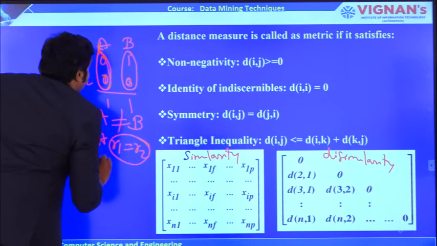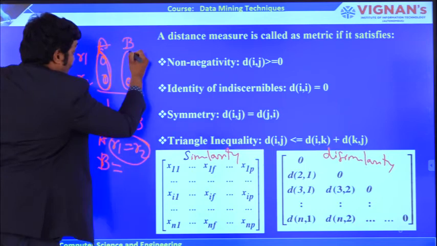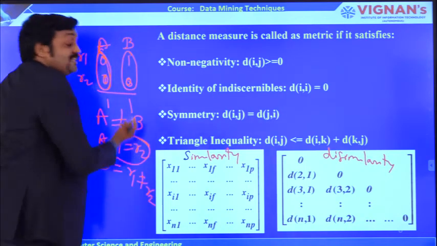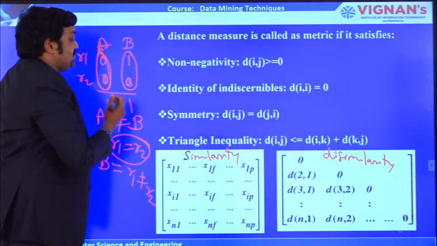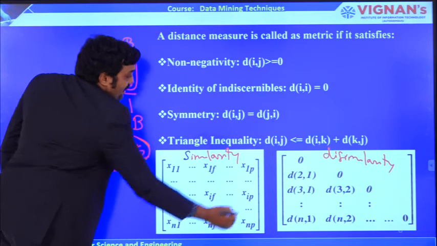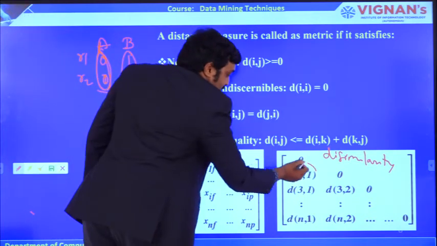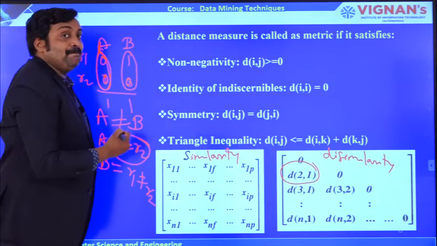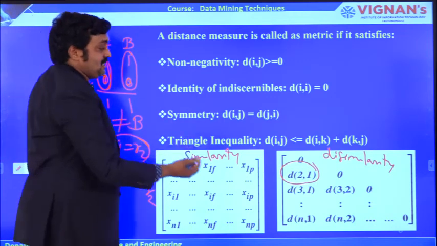But under attribute B, record 1 is not equal to record 2, so dissimilar. We need to identify how similar or dissimilar they are based on this matrix. To calculate the dissimilarity, as already discussed, we use Euclidean distance and Manhattan distance.